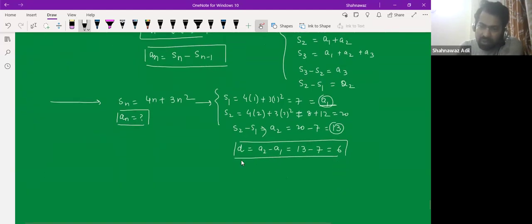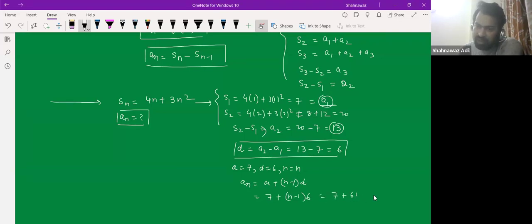So d is 6, a is 7, and I have to calculate An, where n is n. So An would be a plus n minus 1 into d. So a is 7, d is 6, so this is 7 plus 6n minus 6. So this is 6n plus 1. So your An is 6n plus 1.